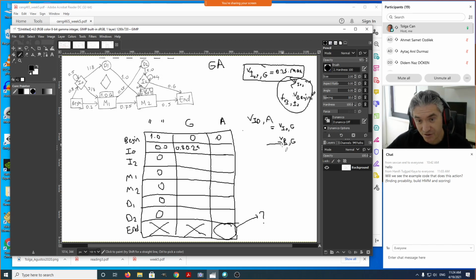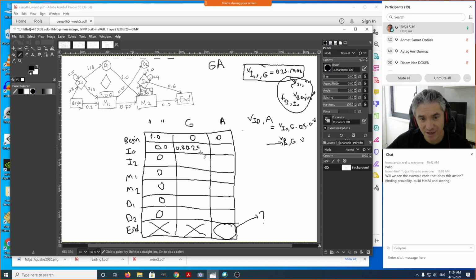And one of them is again 0. You cannot be at the begin state and observe symbol G. So this one is 0. This one is the non-zero thing, which is just the value right next to it. So I'm going to multiply it with the transition probability first, which is 0.5, and then the emission probability of A in that state, which is 0.25 again.